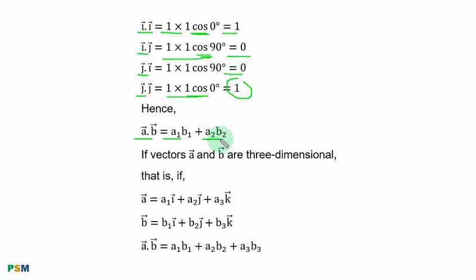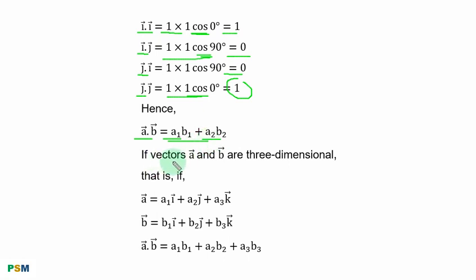If you go back to the previous expression where you have A1 B1 vector I dot vector I, you replace vector I dot vector I with 1, then vector I dot vector J with 0. That term becomes 0. After doing that, you have this as the scalar or dot product of two vectors.